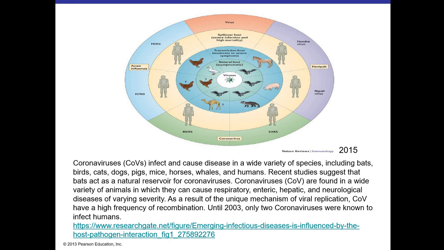As I said, the coronavirus was on our radar. There was an article, this is from Nature Reviews in 2015, where they started looking at the emerging infectious diseases, looking at the host-pathogen interactions. At that time, they noticed the potential for the coronaviruses. They can infect a wide variety of species. Bats have been the problem recently, but bats, birds, cats, dogs, pigs, mice, horses, whales, and humans.